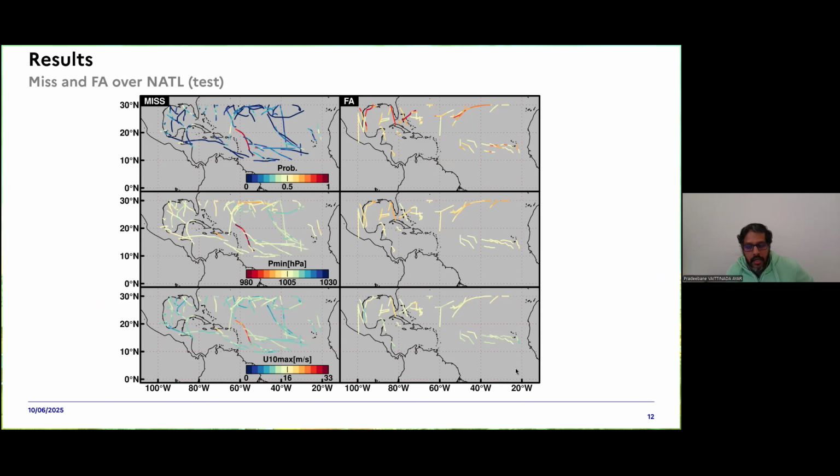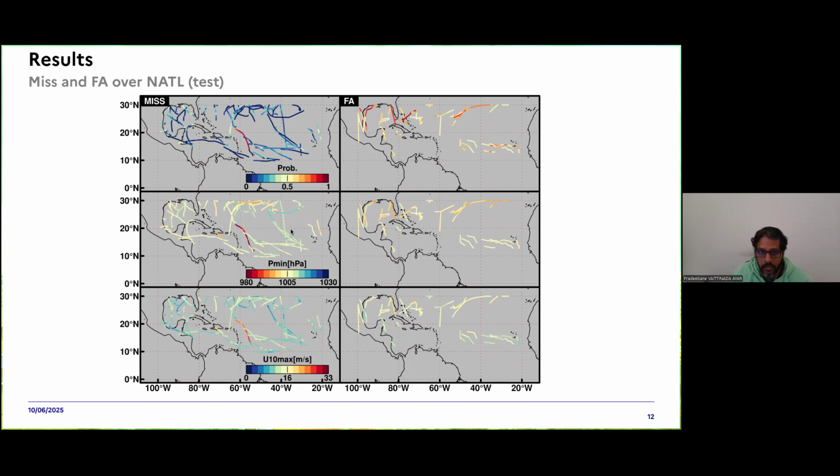Here I wanted to look at the tracks I missed and the false alarms for the North Atlantic Basin, for instance. On the left, you have the probability given by random forest on the top for the missed tracks. The middle panel is the minimum pressure, and the lower panel is the maximum wind. You see that the probabilities are quite low on the top panel.